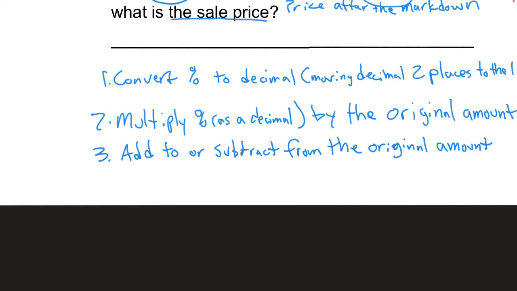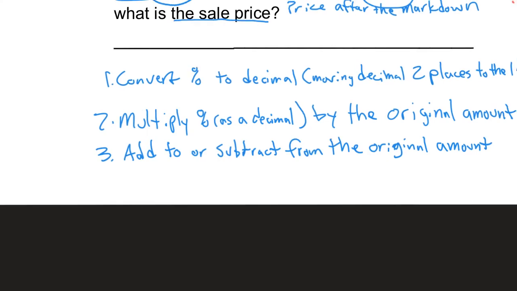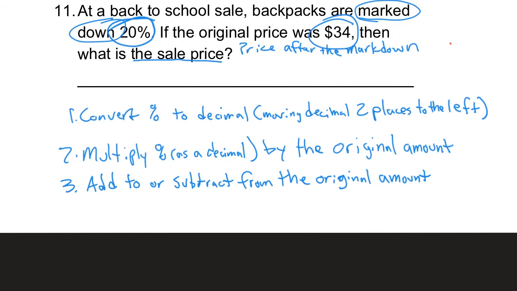Okay, those are my 3 steps, and let me just show you how we're going to do that. And because we're doing mark down, remember that was my down, I'm going to write underneath subtract, I'll just put mark down in parentheses, and under add, I'll put mark up.